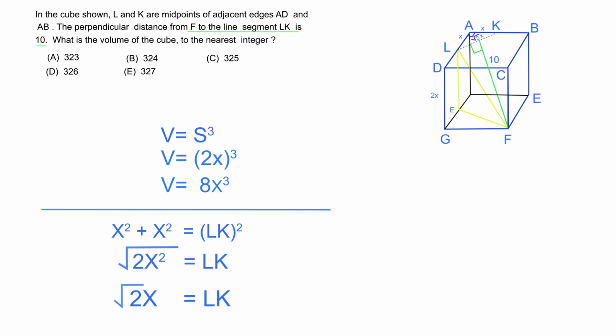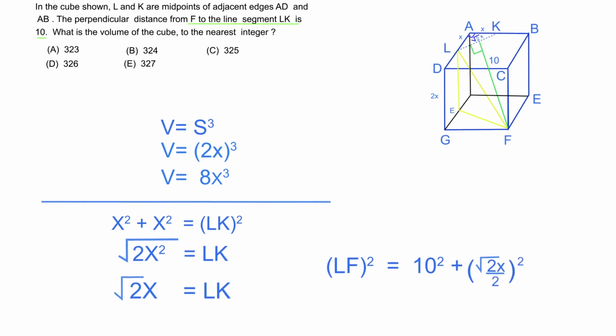Now the next one I will figure out is LF. Again, using Pythagoras, we know LF squared is going to be 10 squared plus, be careful, this segment right here is not root 2 x, it's half of that. So it would be root 2 x over 2, all squared.